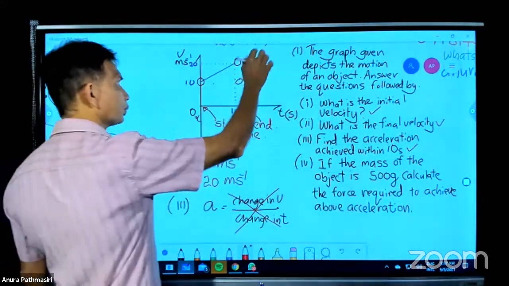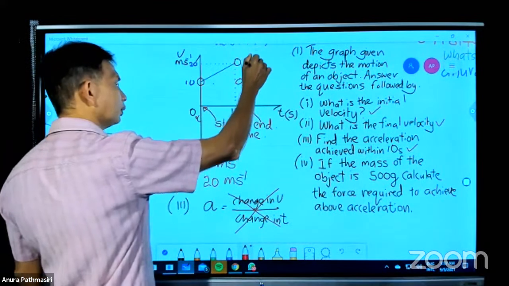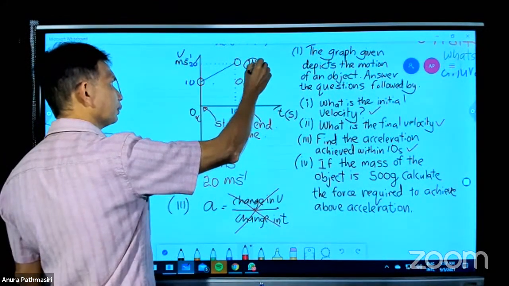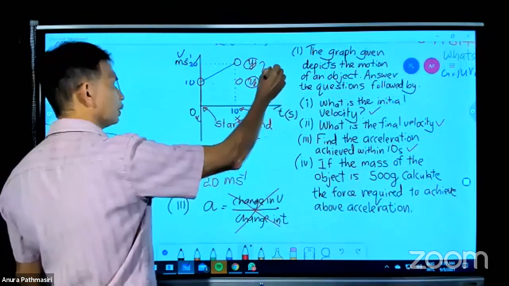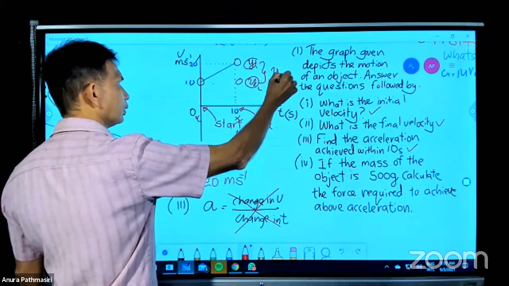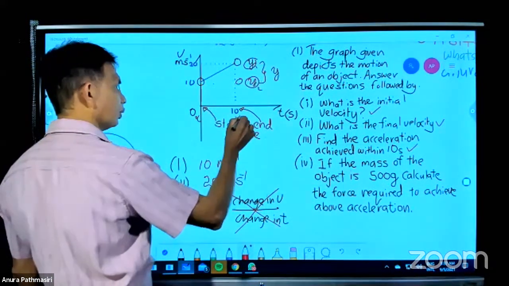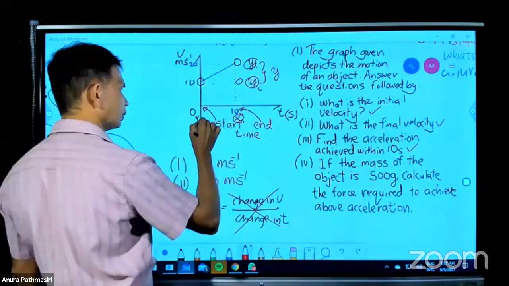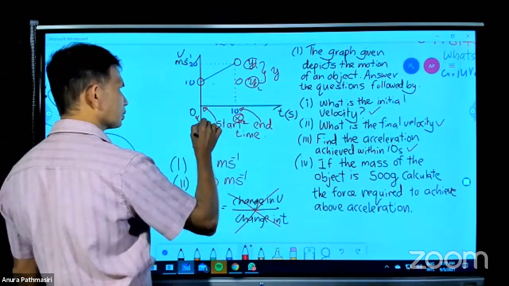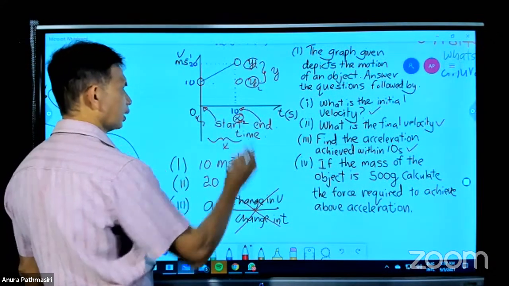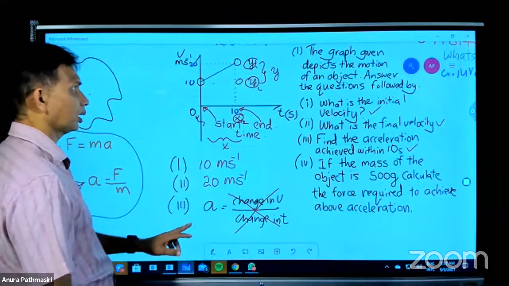When you subtract initial y from final y, you will get y over there. And when you subtract initial x from final x, then you will get the x there, right? I'm going to use that one.